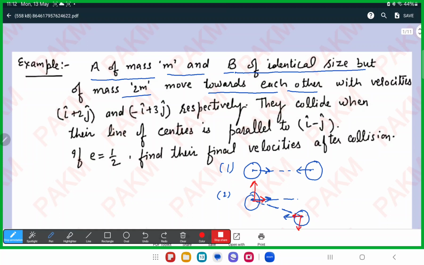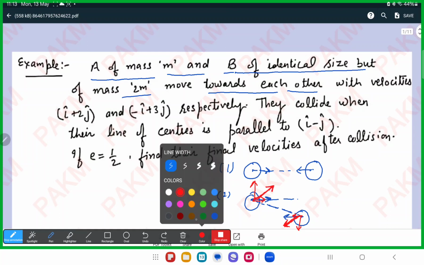Let's say these are the two respective velocities. Let's say the resultant will go like this. Fine. So this is the only assumption we can take.